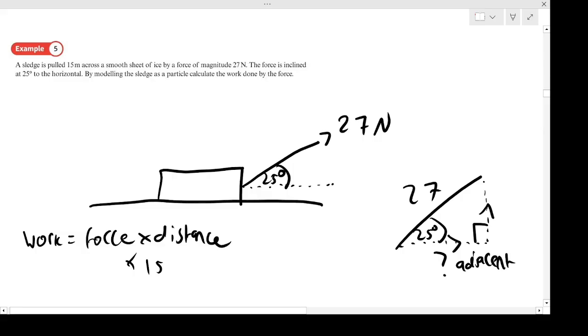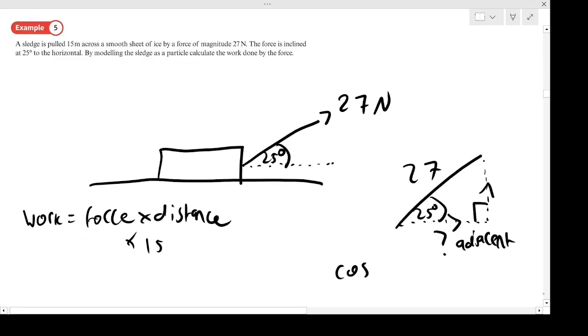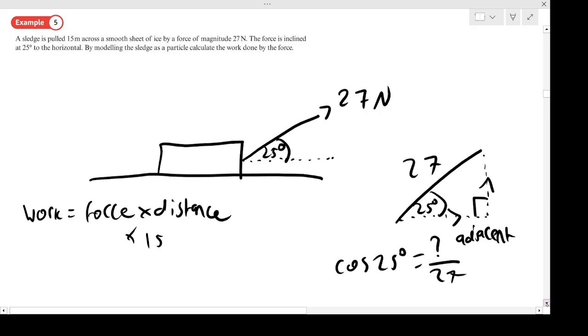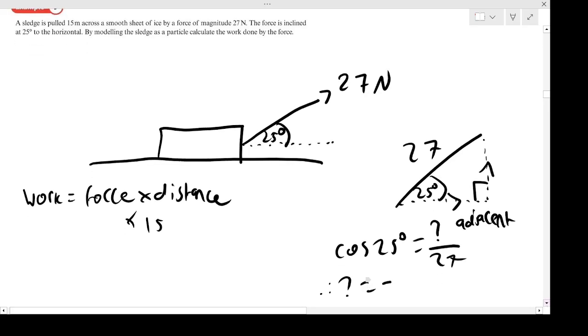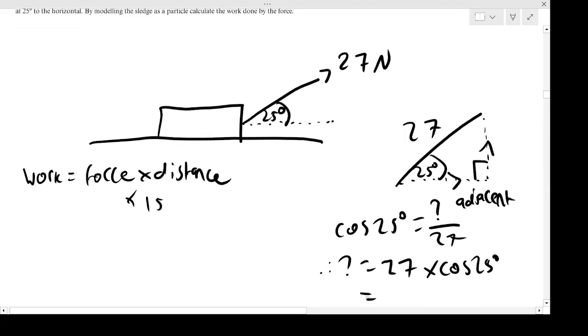If you remember your SOHCAHTOA, cos 25 is the adjacent, which is what we want, over the hypotenuse of 27. Therefore, the side we want is 27 times cos 25. If we work that out, that's going to be 24.47.